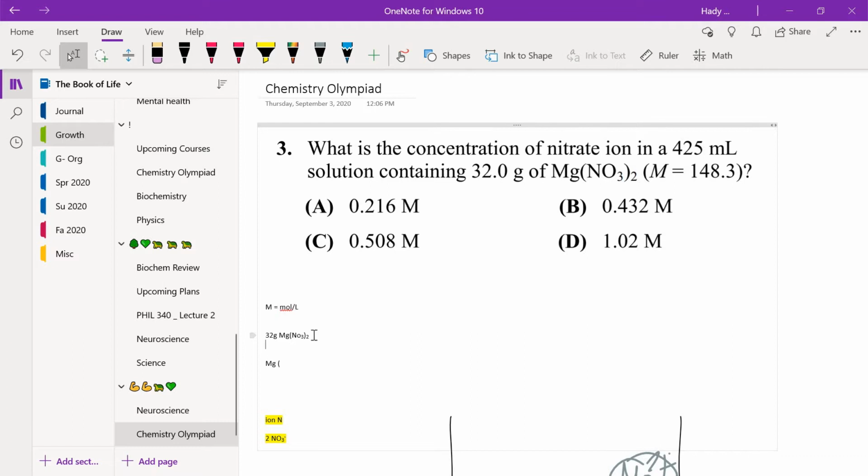In order to get an atom amount, it's always just good to transfer this into moles. So even though this is tied with the mass, if we convert it into moles, then we can more easily get the nitrate.